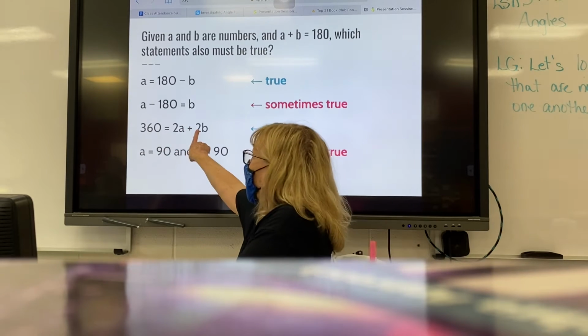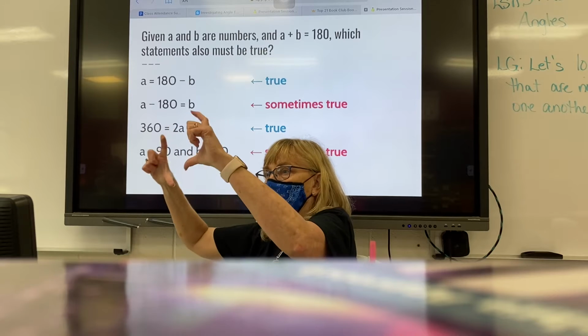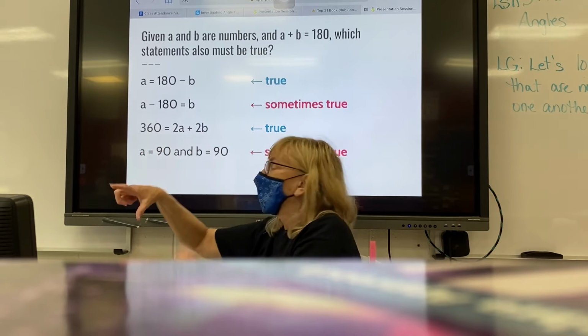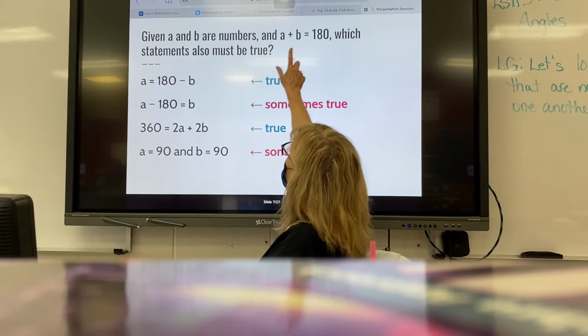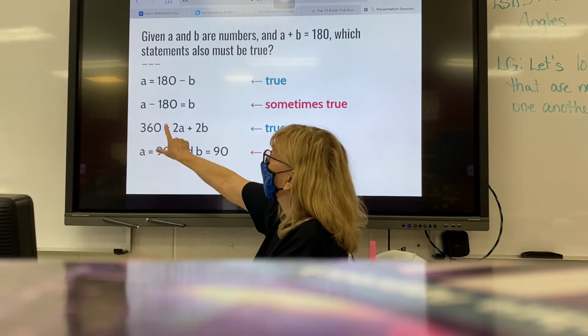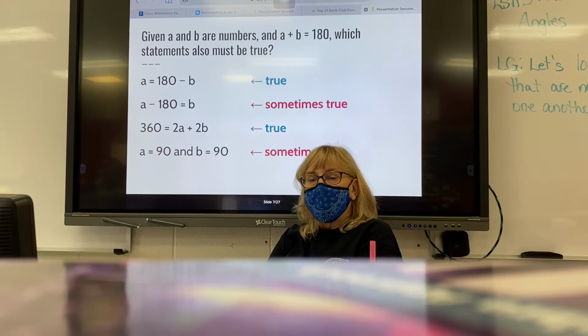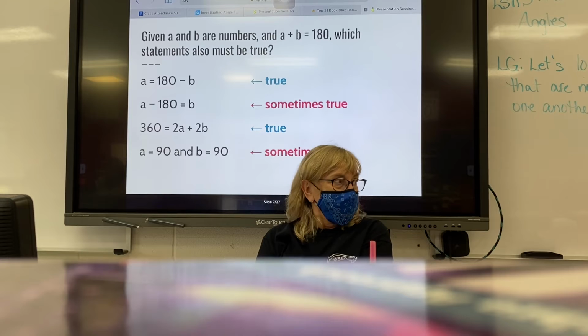Good. If we factored out the 2, that would give us 2 times (A plus B) with A plus B in parentheses, right? So if I multiply that side by 2 and that side by 2, would it be that? Yes, okay?